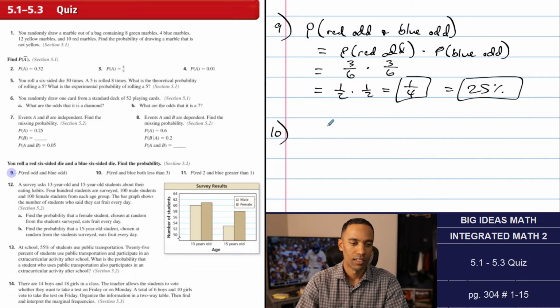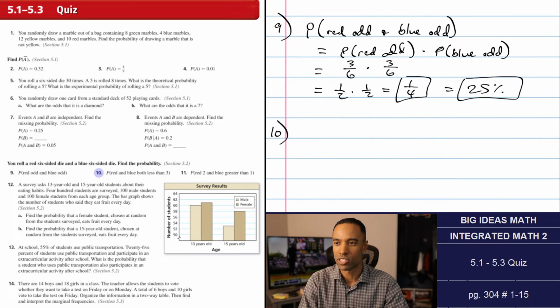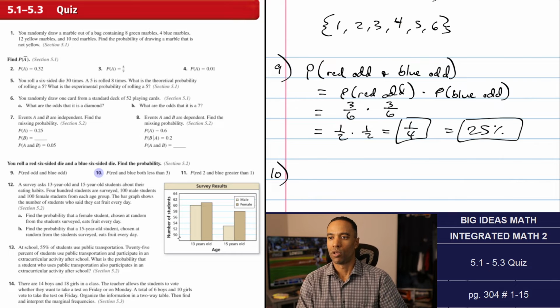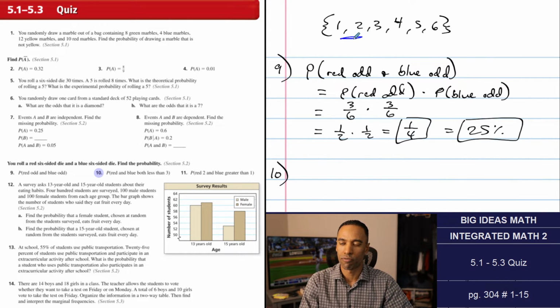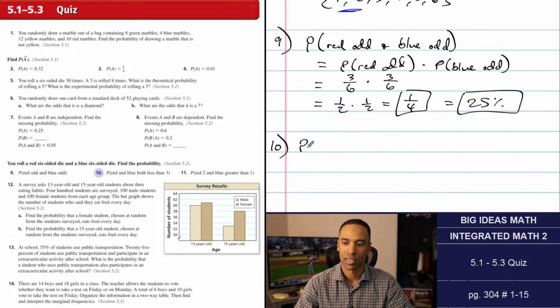Number 10, probability of red and blue both less than 3. So I still have this sample space. We might as well refer to it since we have it. So less than 3, there are 2 of 6 numbers that are less than 3. And since they both have to be less than 3, then we'll do that. Probability of red and blue both less than 3.